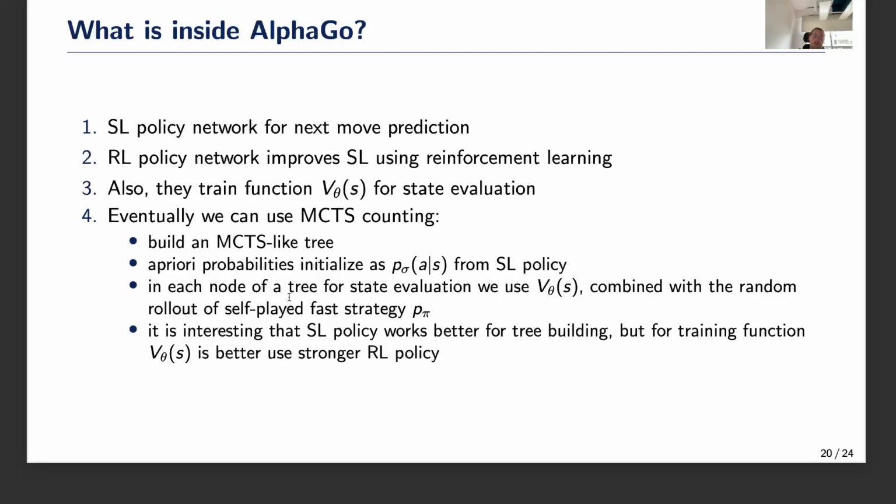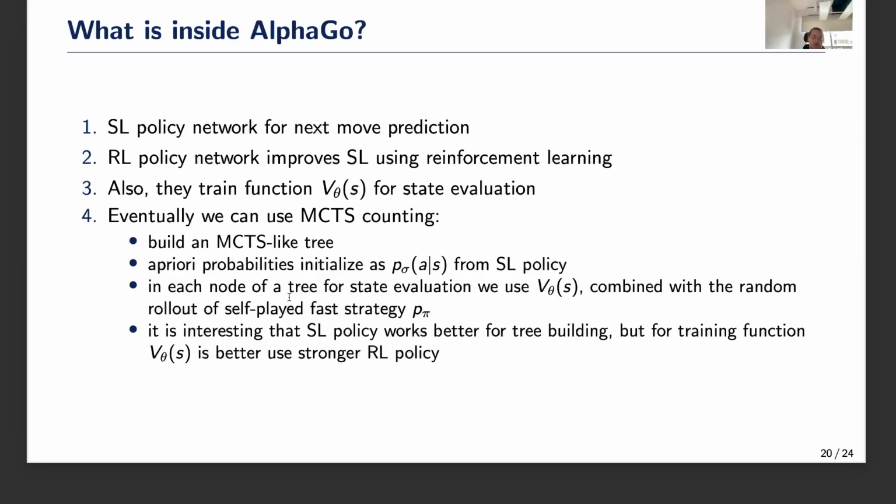At the leaf node, AlphaGo needs to estimate the value of each board position, and here it uses the value network trained via self-play to predict the expected outcome from the node. But it doesn't stop there.